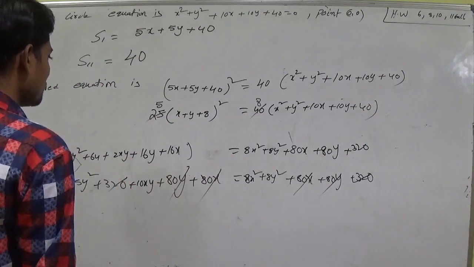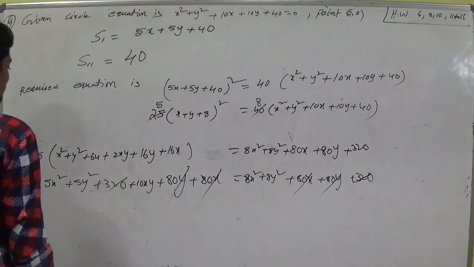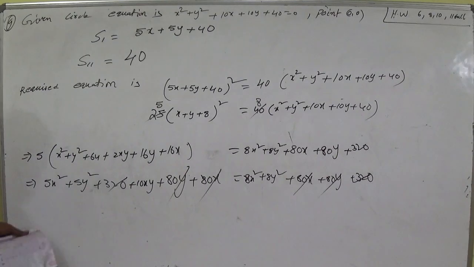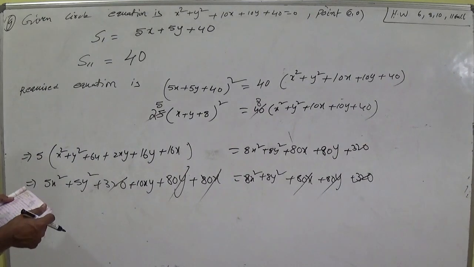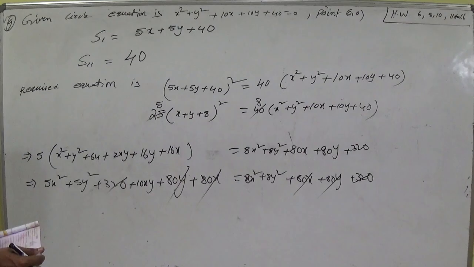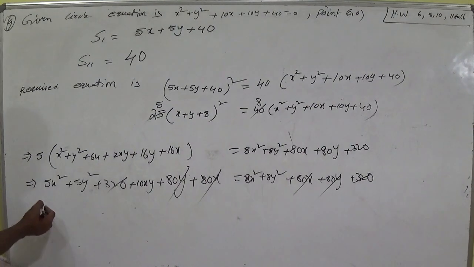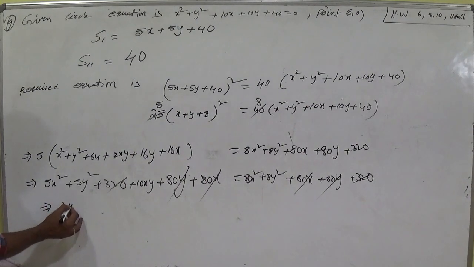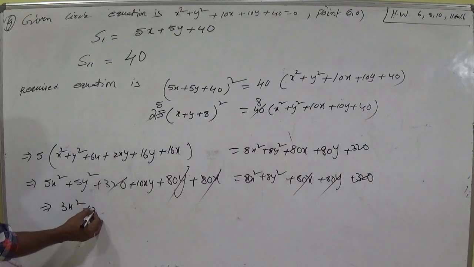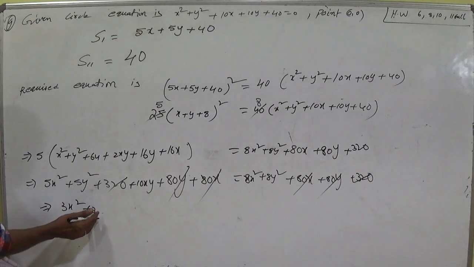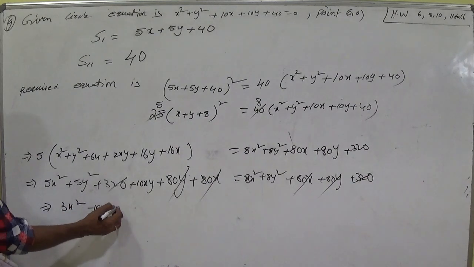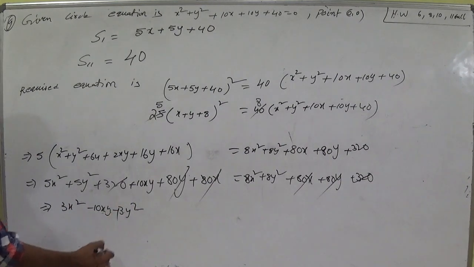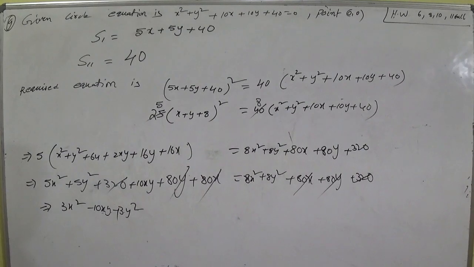Next, which becomes 3x square plus 3y square, I mean to say minus 10xy plus 3y square, that's it, equal to 0.